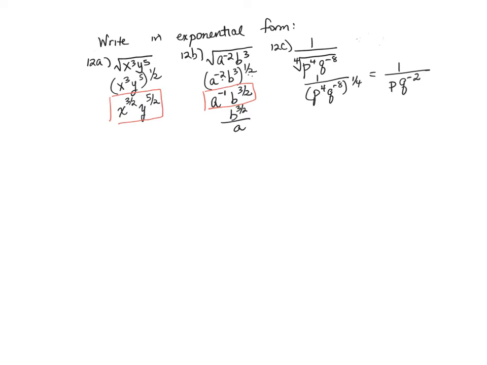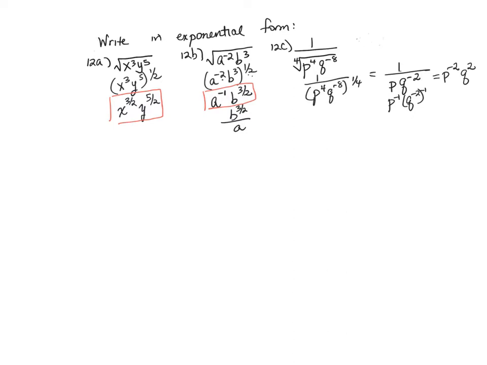And again, if we wanted one expression out of it, what we think of is 1 over p is p to the negative 1, right? That's p to the negative 1. And q to the negative 2 to the negative 1 just gives us q squared. So I think that's correct.